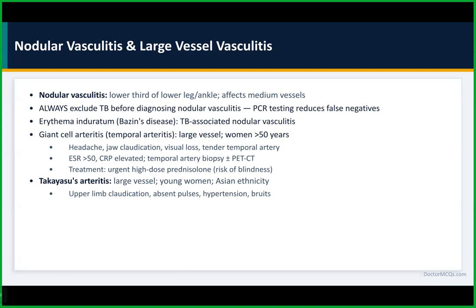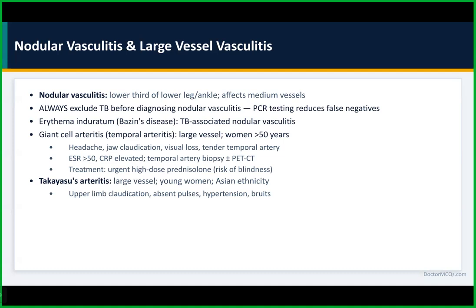TB-associated nodular vasculitis is Bazin's disease. If it is giant cell arteritis, or temporal arteritis, it is mostly in women older than 50 years, and the associated features will be headache, jaw claudication, and some visual loss. ESR and CRP will definitely be raised in this condition.